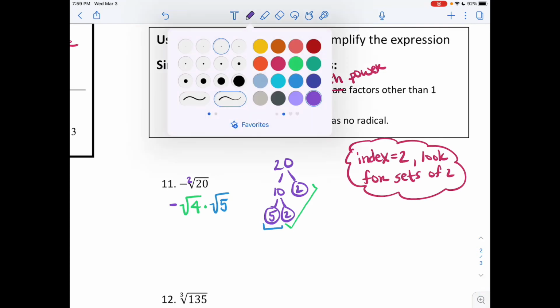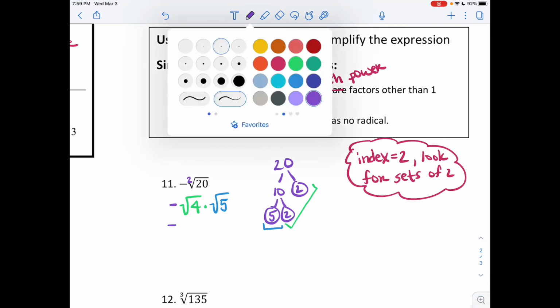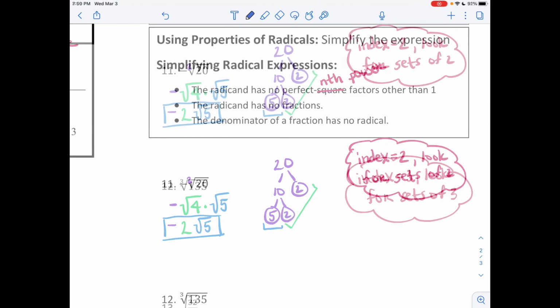The negative is still coming along for the ride. But I know that the square root of 4 is 2. And then the square root of 5, well, that's just going to have to stay square root of 5. So this is our final simplified form. We have pulled all of our perfect, in this case, square factors out of the radical.